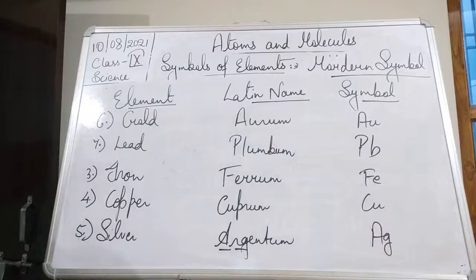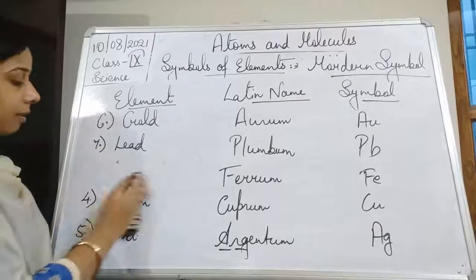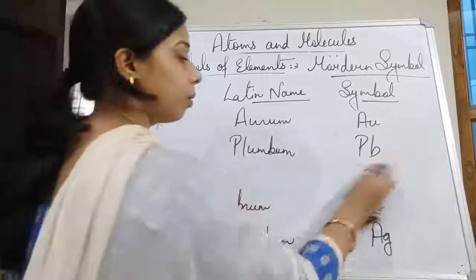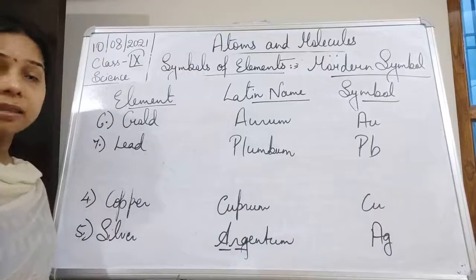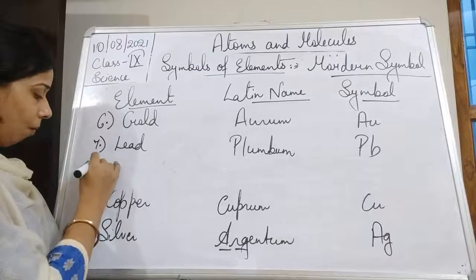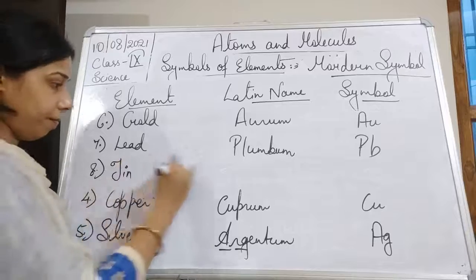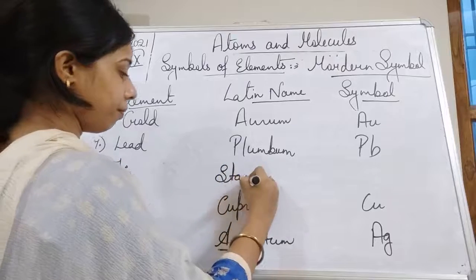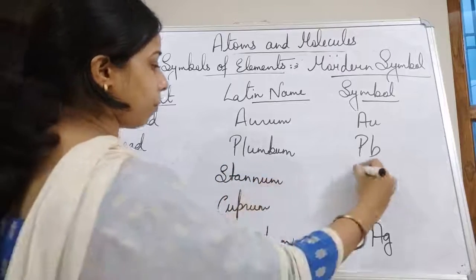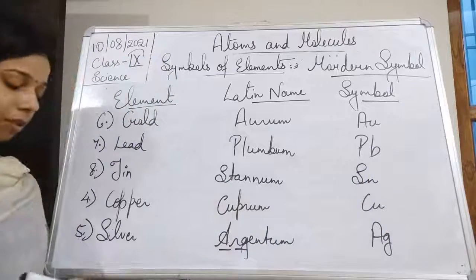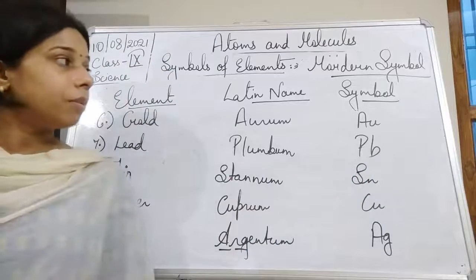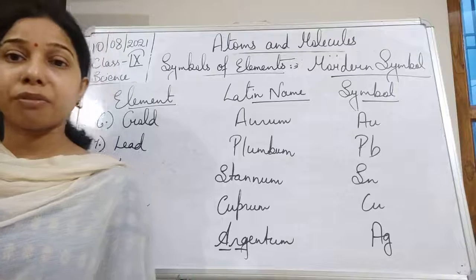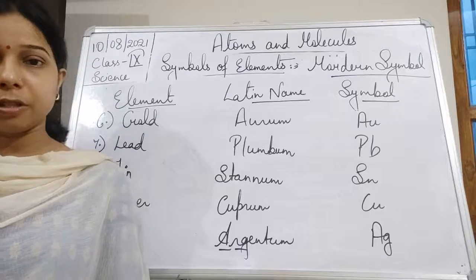Then tin, stannum, represented by Sn. So these are a few of the symbols which were taken from the Latin name of the element.